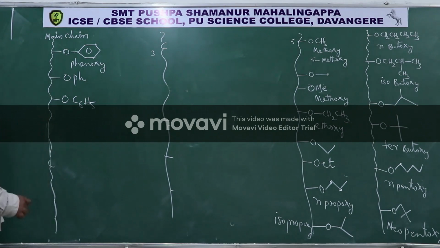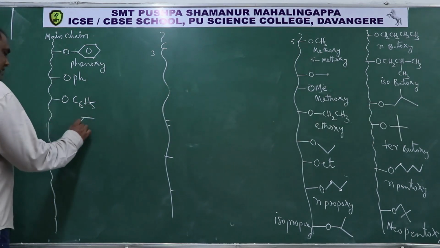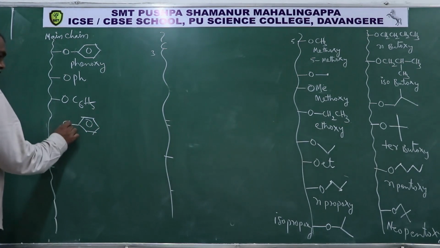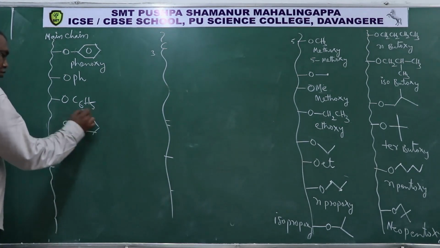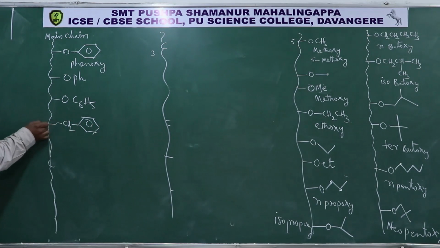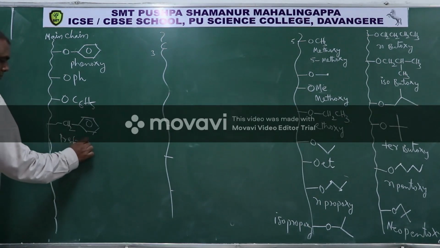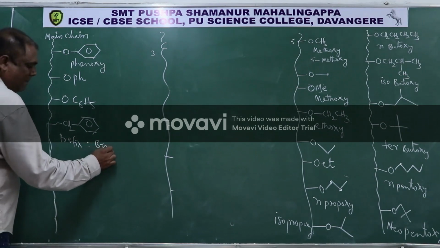Then this is a benzene ring, called a phenyl group, attached to CH2, now it is called a benzyl group. This benzyl group attached to the main chain, now the prefix becomes benzyl.